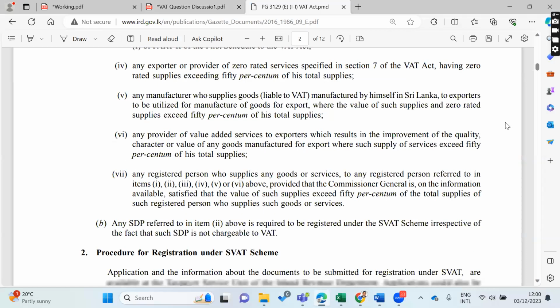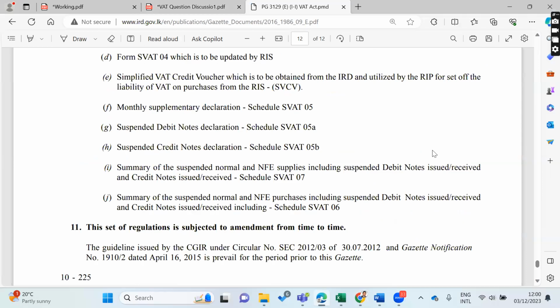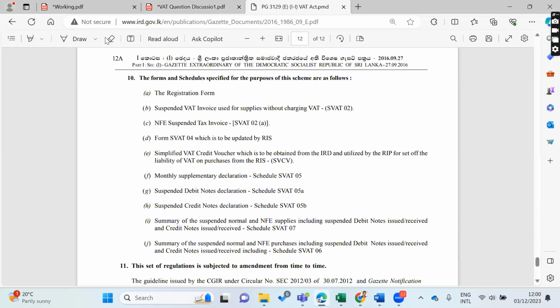Out of all this documentation, it's there in the last page of the gazette. This is for the RIS supplier.